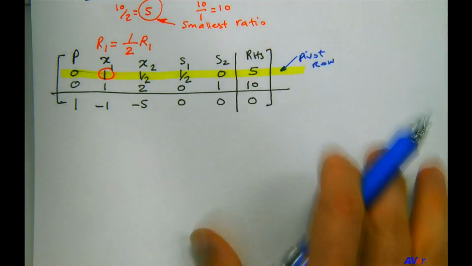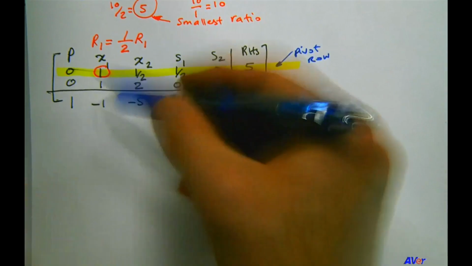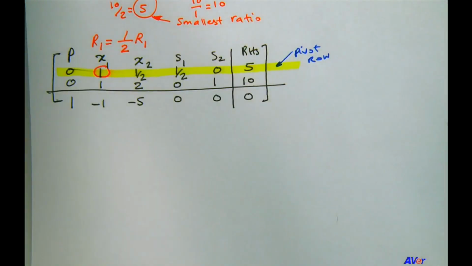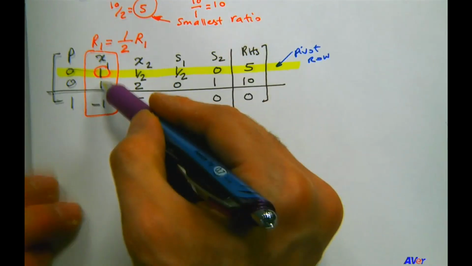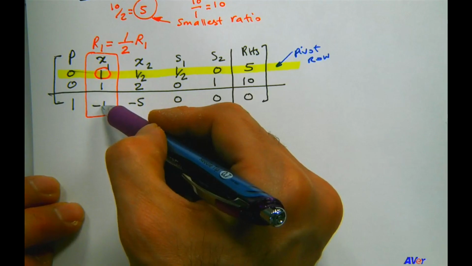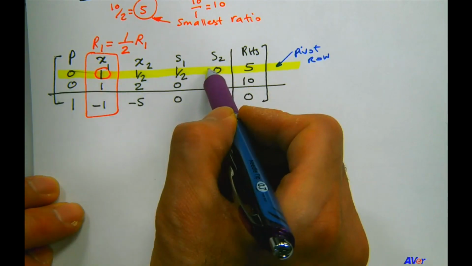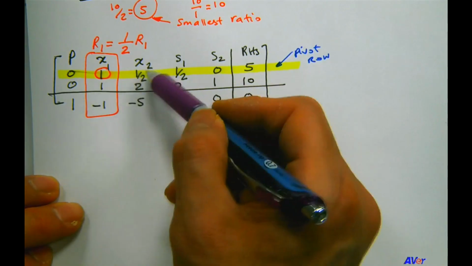Why is this important? Because in order to convert the other numbers in the pivot column to 0, that means these numbers, in order for us to convert the 1 and this -1 to 0, we need to use the pivot row. So in both of those row operations, we need to involve the pivot row.